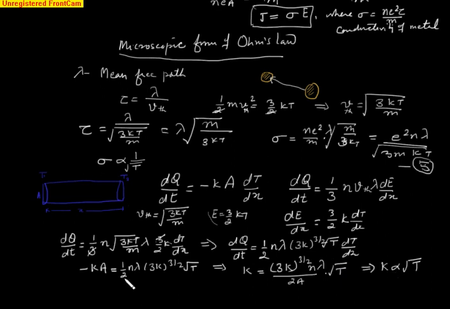Now if we take the ratio of the thermal conductivity K to the electrical conductivity sigma, then we find that this one is directly proportional to root T, and this is inversely proportional, 1 over root T. The root T cancels out, and it gives me T, which is the temperature.